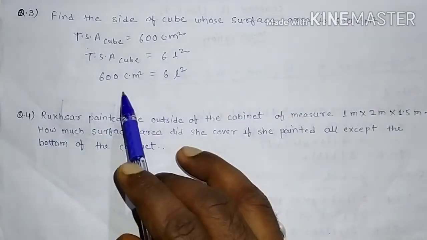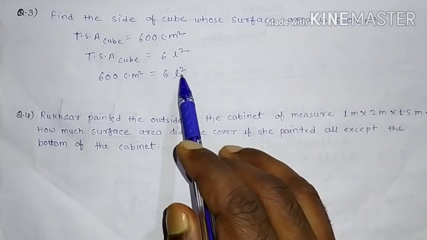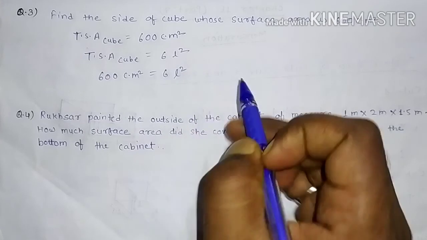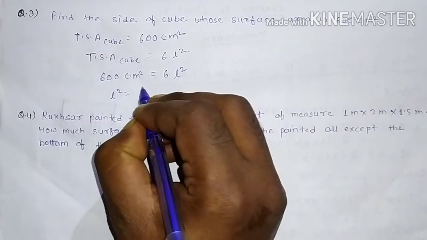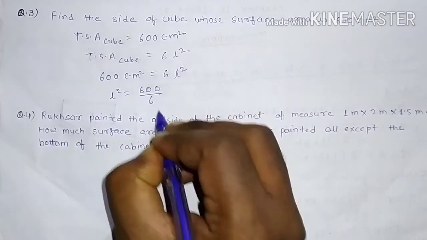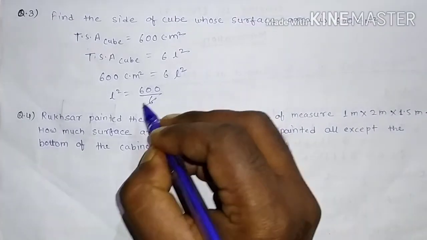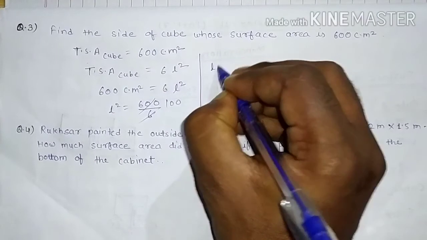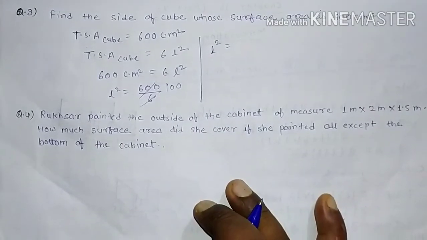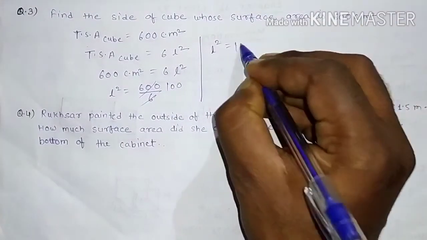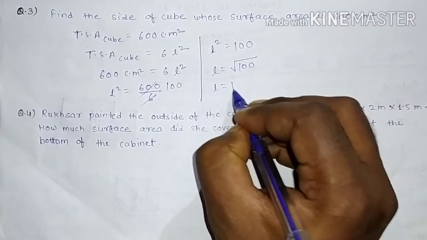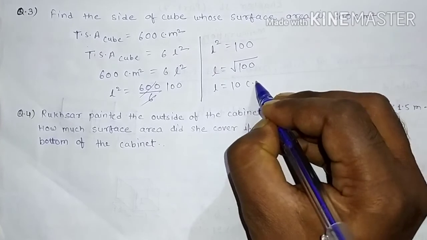So from this formula we have to find the value of L, that is side of the cube. Okay, so just simplify it. So it will be L square equals to 600 divided by 6. Now it will cancel out. 6 1 is 6 00. So L square equals to 100. So L equals to under root 100. So L equals to 10 centimeter.